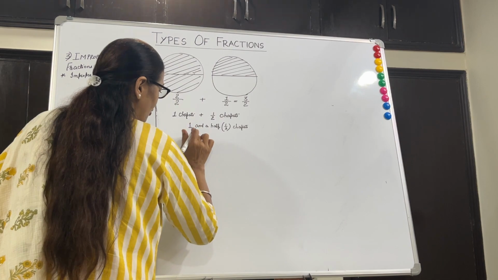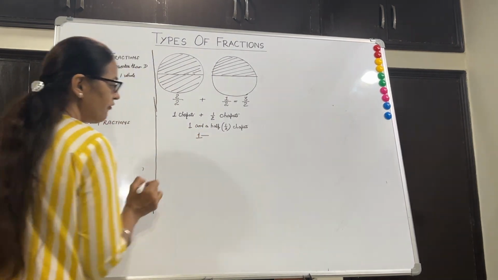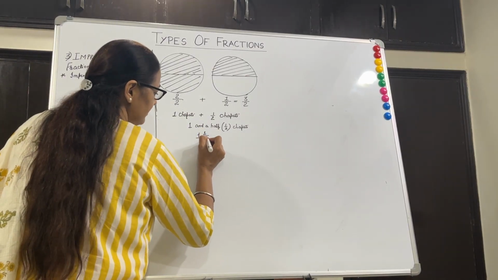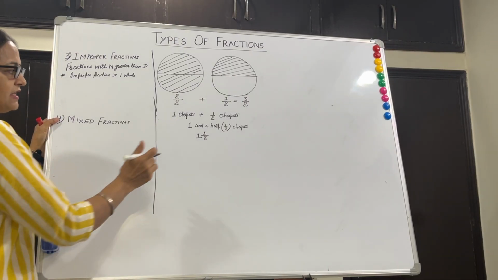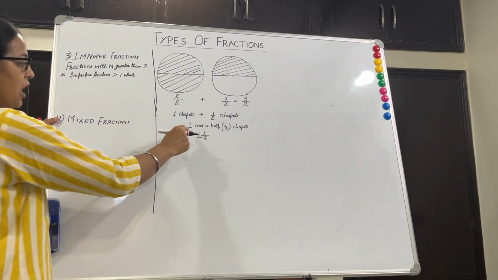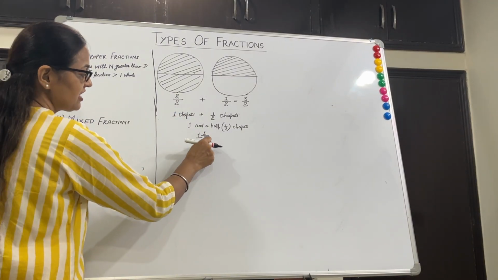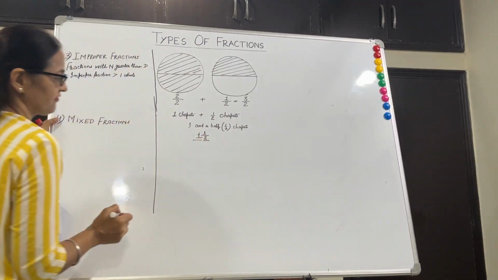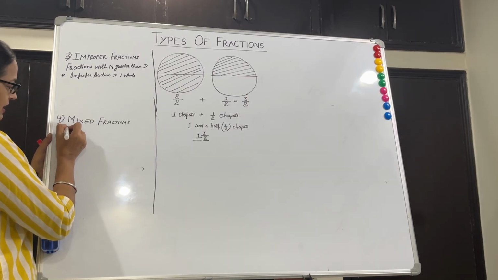So we will write the whole number here, 1, and next to the whole number we will write a fraction, like this. Okay. This is how we write a mixed fraction. This is called a mixed fraction. So a mixed fraction has 2 parts, a whole number and a fraction. So first of all, what is a mixed fraction?